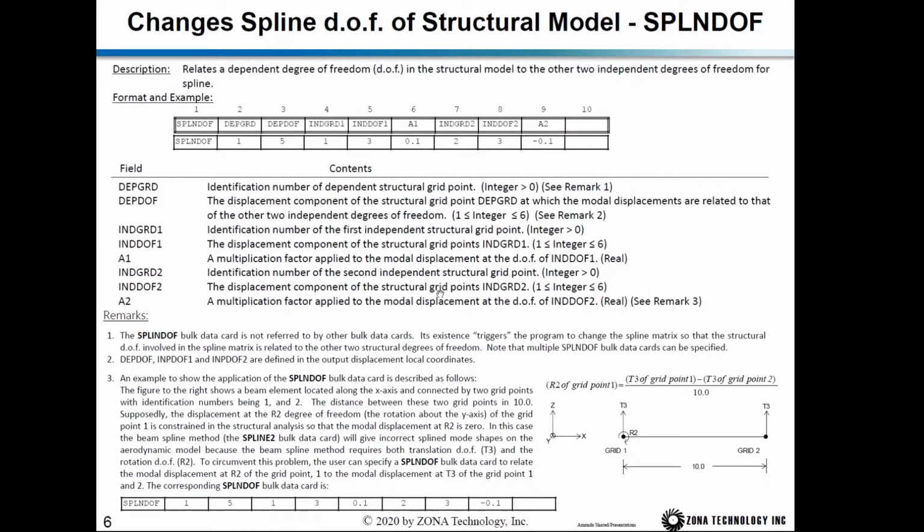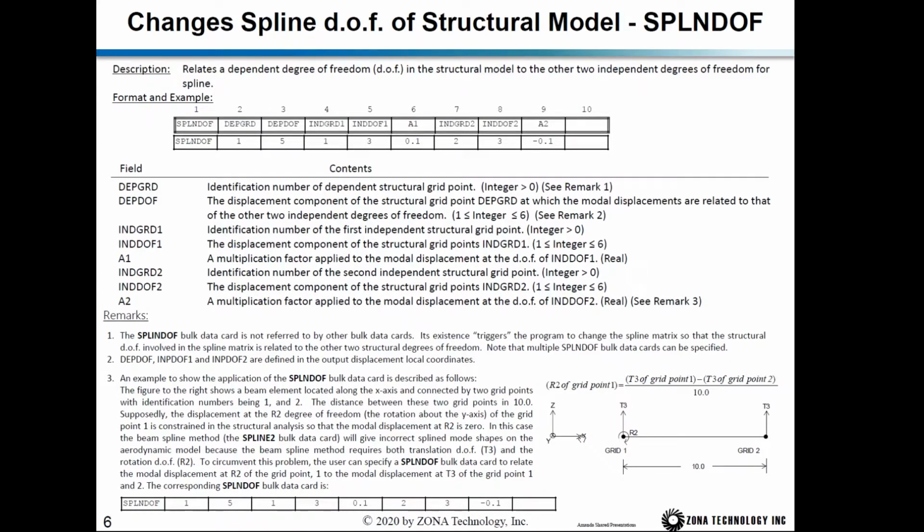Okay, and sometimes in the mode shape you are short of some degrees of freedom. A typical example is when the mode shape is measured by the ground vibration test. For example, if you have a missile body, then you put an accelerometer on the body to measure the translational degrees of freedom.